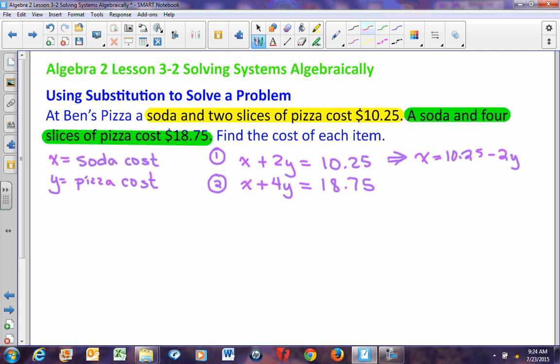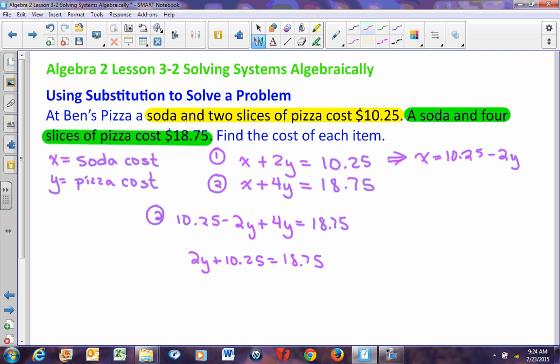Now I'm going to take that first equation, x equals 10.25 minus 2y, and plug that into equation 2. Every time I see an x, I'm going to put in 10.25 minus 2y, plus 4y equals 18.75. All I did was substitute it in. So I have a negative 2y and a positive 4y, which makes 2y, plus 10.25 equals 18.75.